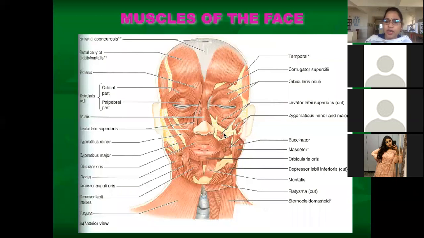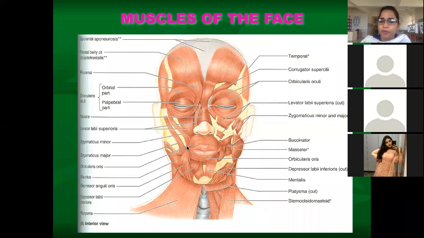Zygomaticus major and zygomaticus minor. Minor comes first and major comes next. I hope all of you are writing. The muscles are zygomaticus minor and zygomaticus major.